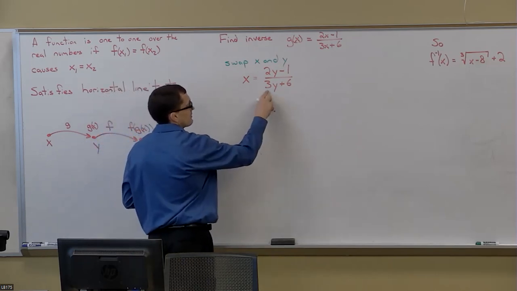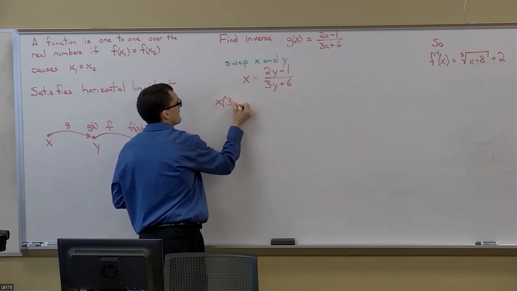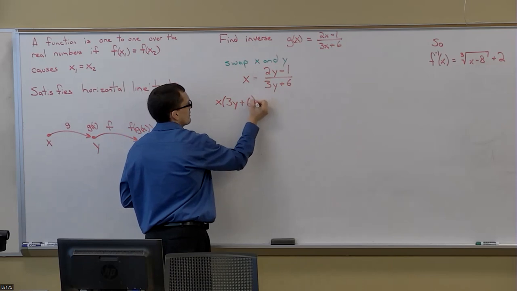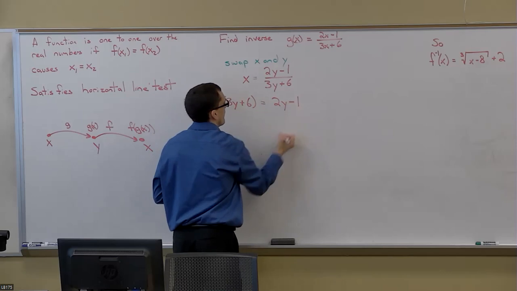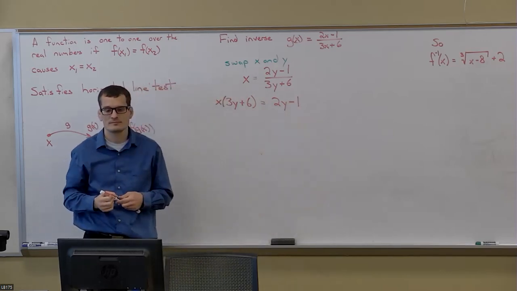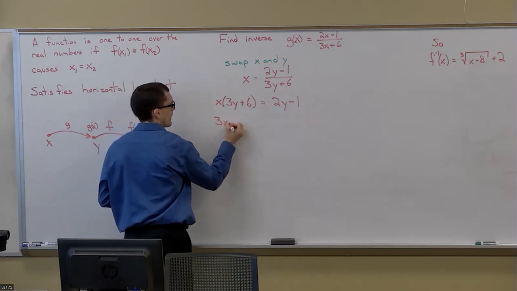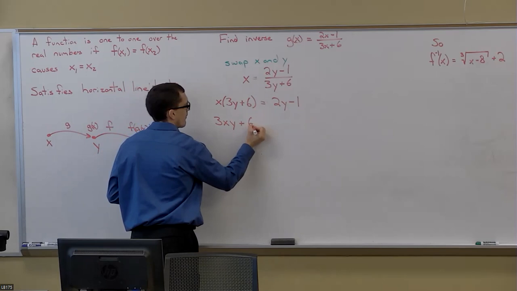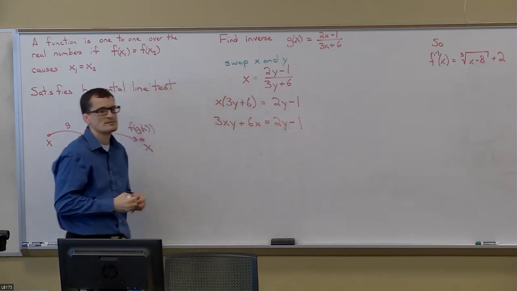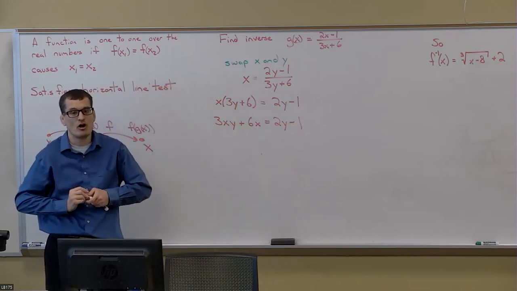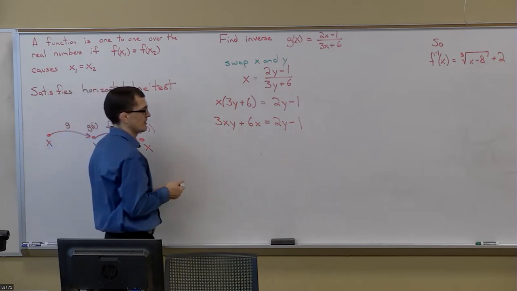I would multiply the 3y plus 6 on both sides. That would get rid of my denominator, or you can think of this as cross multiplying. Now, what you would do is get all of your y terms on one side and all of your terms without y's on the other.